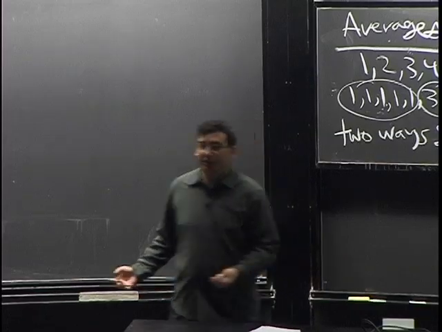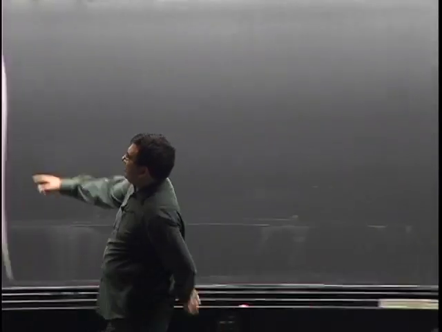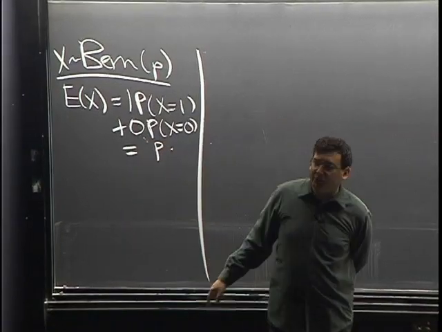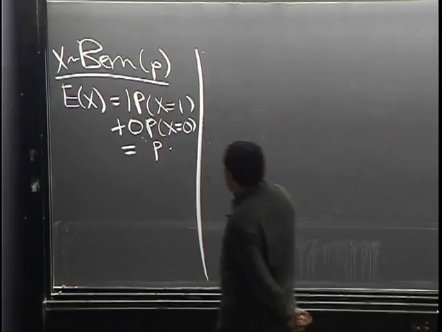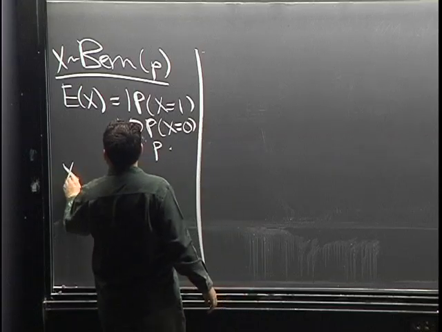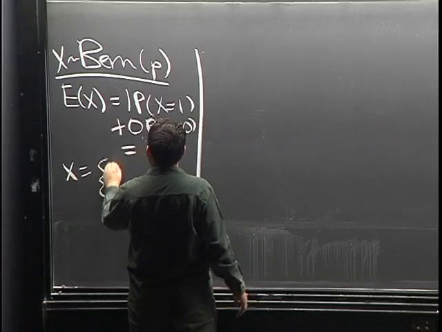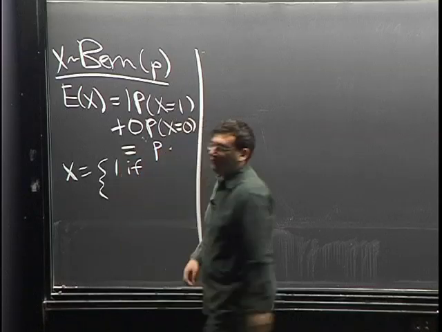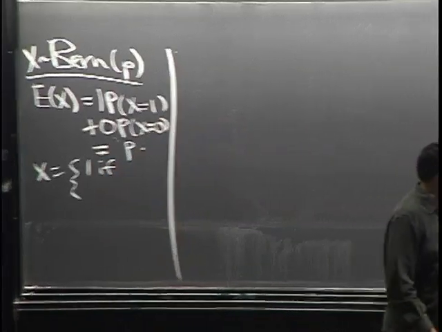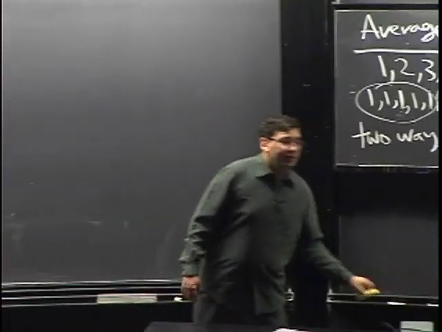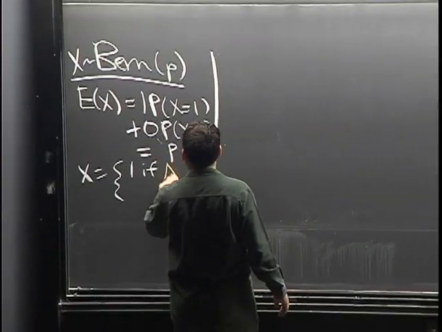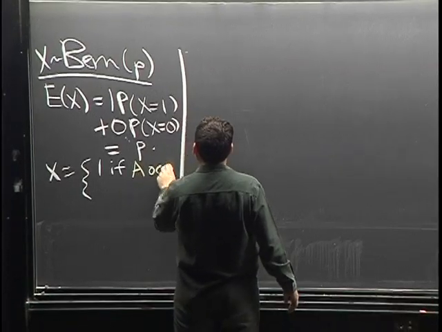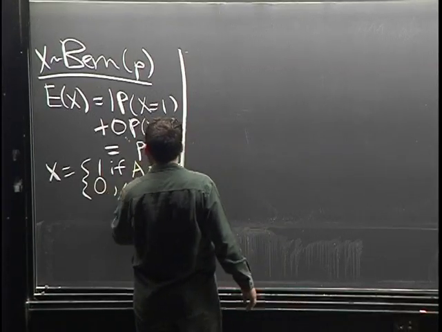Very, very easy calculation. But even though this is so simple, there's actually something deeper going on. Let me give you a specific example of a Bernoulli random variable. Suppose we have some event A that we're interested in, and we let x equal 1 if A occurs, 0 otherwise.